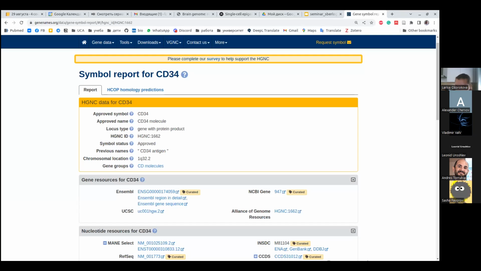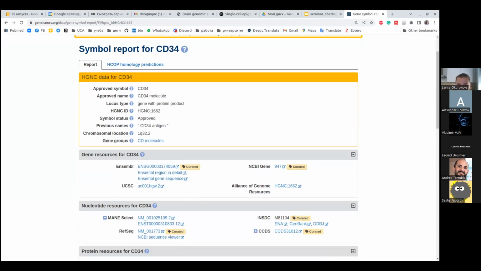But let's say this particular name, which can be found in the JAX table, can be directly connected with the expression level of CD34. The correlation, I would say, is quite good.